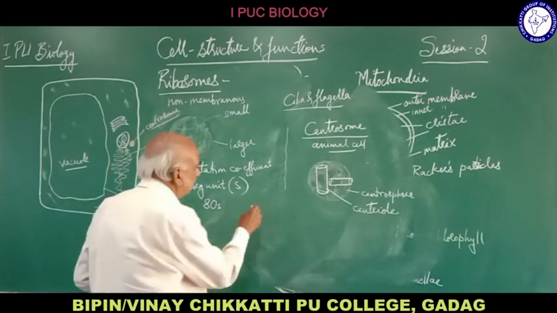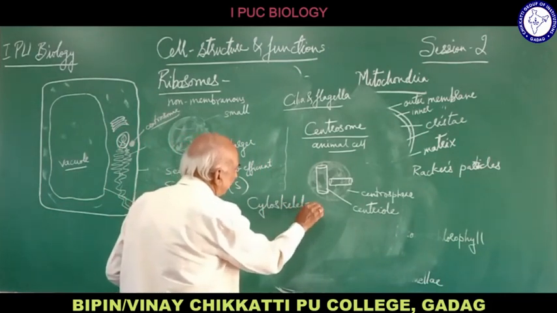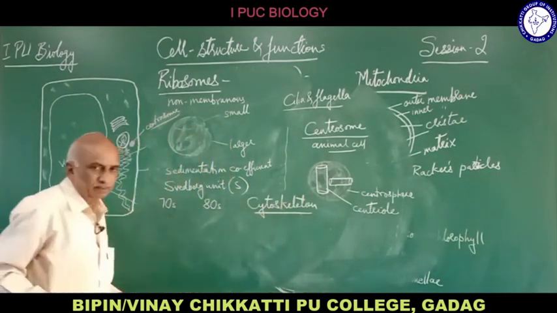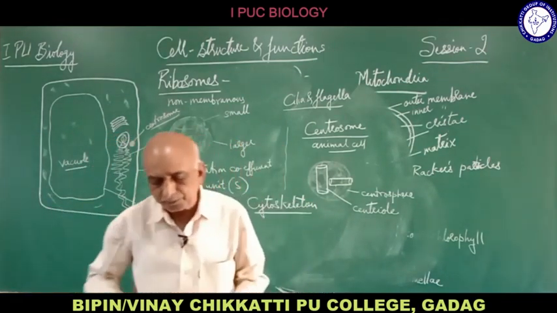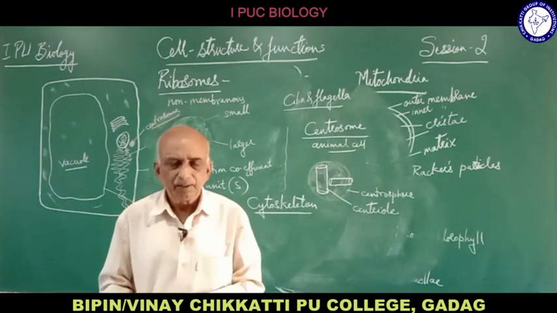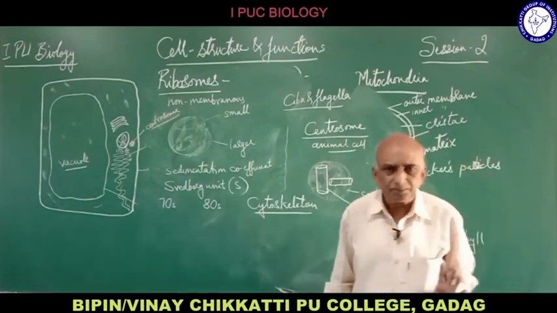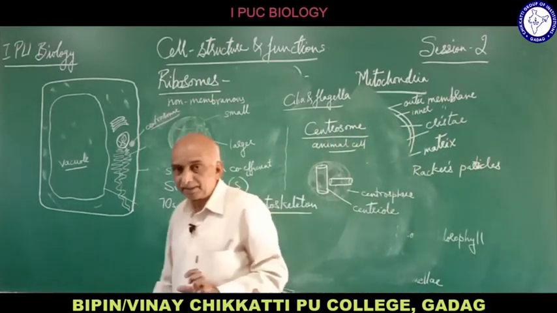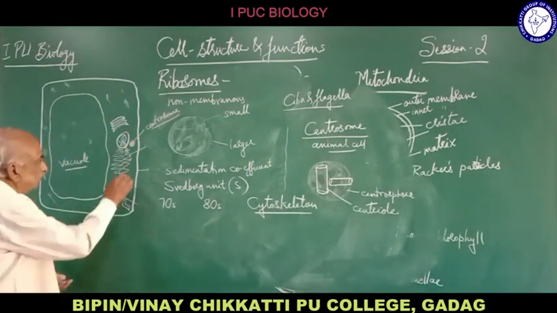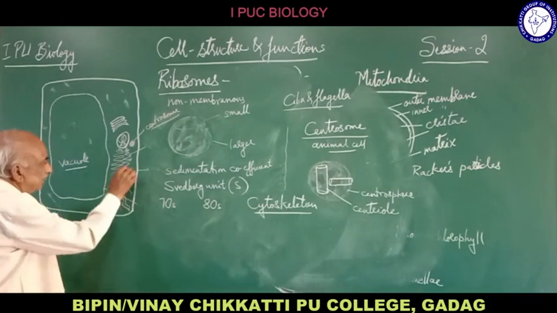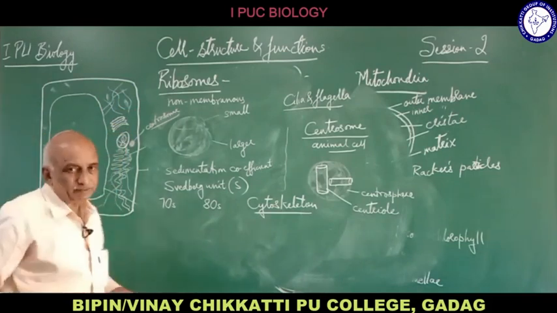And there is one more important structure in a cell which is called the cytoskeleton. This cytoskeleton is a network of filamentous proteinaceous structures. Certain proteins which are fibrous, in the form of filaments, are freely distributed in the cell, and these filaments form a network in the cytoplasm.